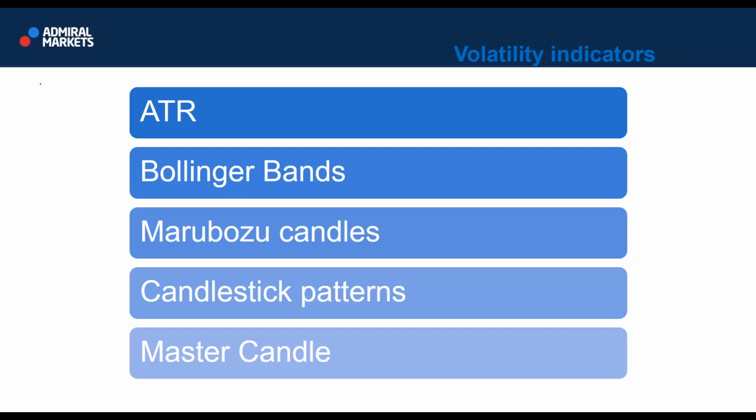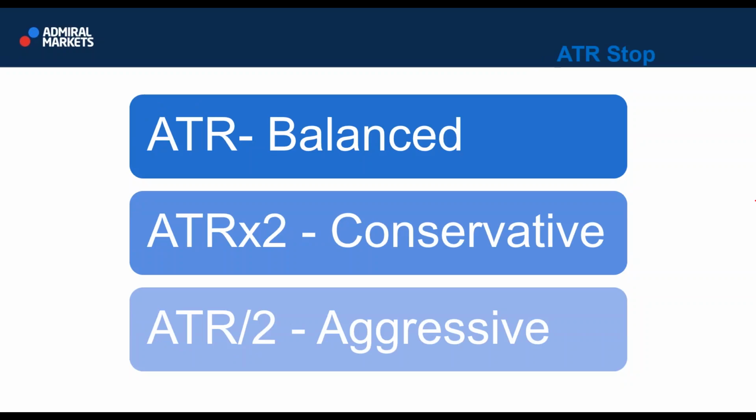It's by default on every MT4 platform, but I have this custom indicator that shows much more than this normal indicator, and definitely I like to use ATR. ATR is my favorite. Then Bollinger Bands, Marubozu candles, 3 white soldiers, 3 black crows, and master candle.